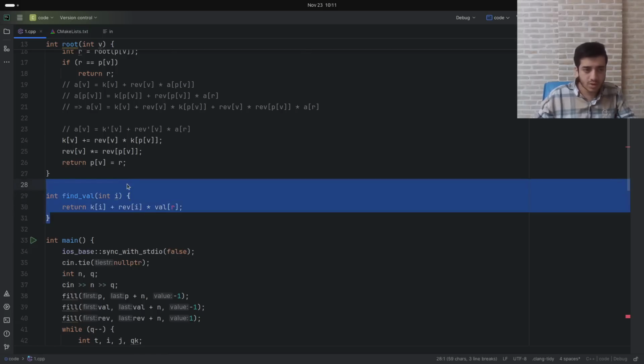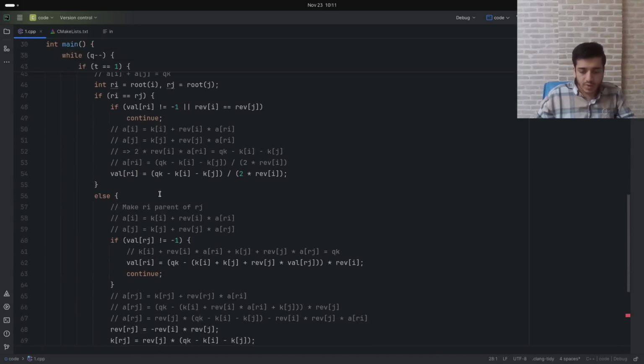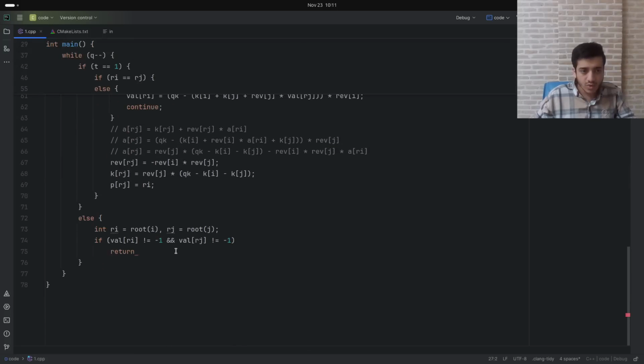Okay, we don't need this. Print ki plus kj plus size thing, and that's it.